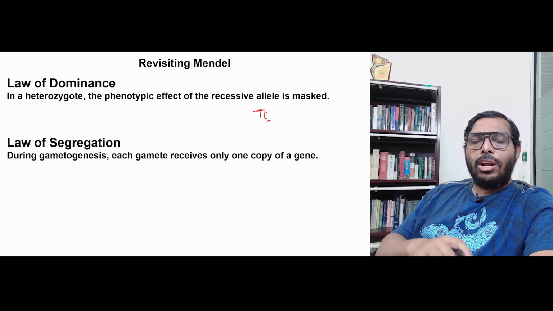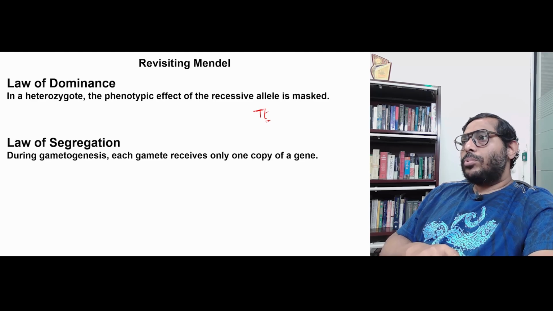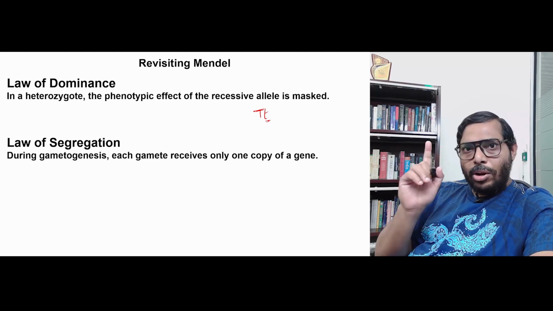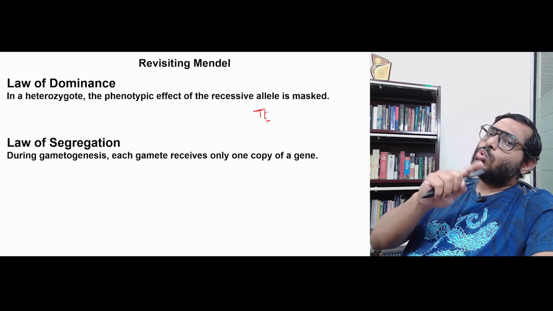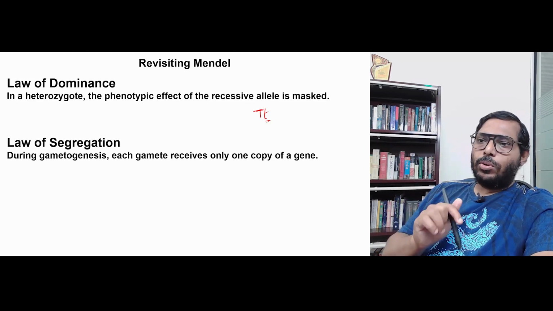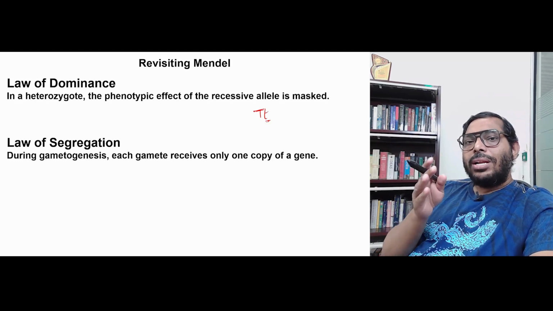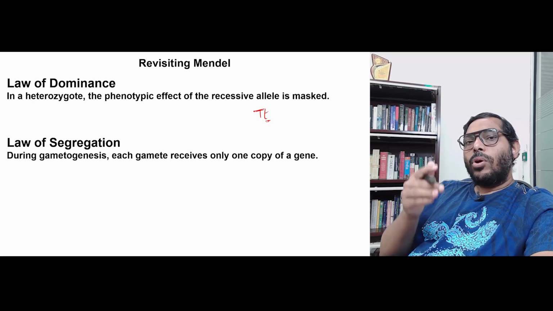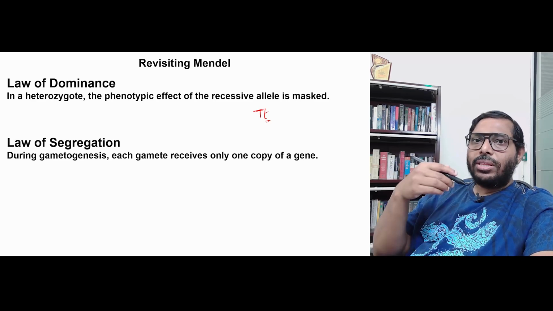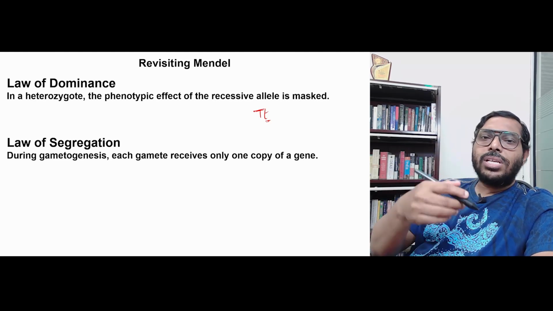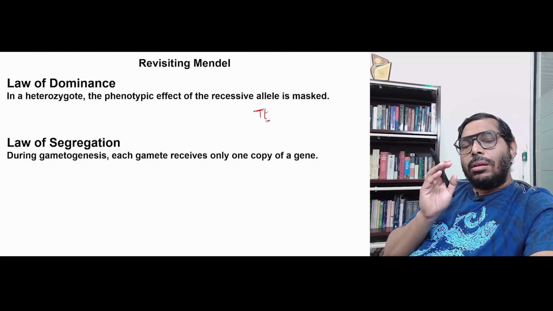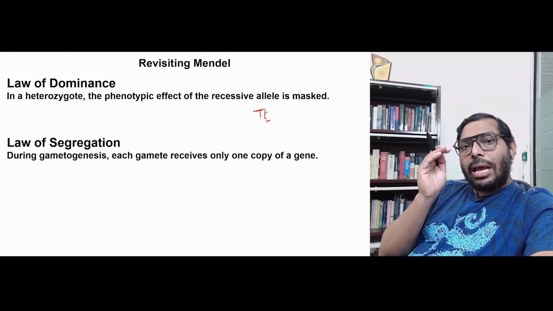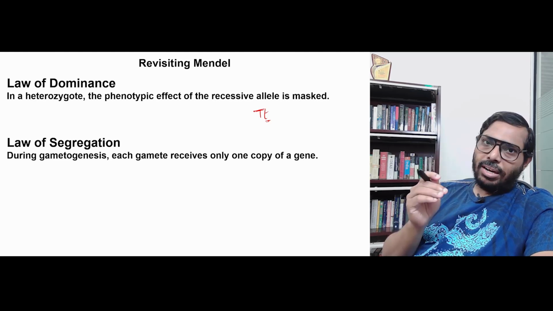Now, you have the law of segregation. Suppose we are talking about a one locus scenario, a diploid organism. So, the organism has 2 copies of that particular gene. What Mendel says is that during gametogenesis, that is when the sperm cells or the ova cells are formed, the cells have to undergo what is known as a reduction division, right.